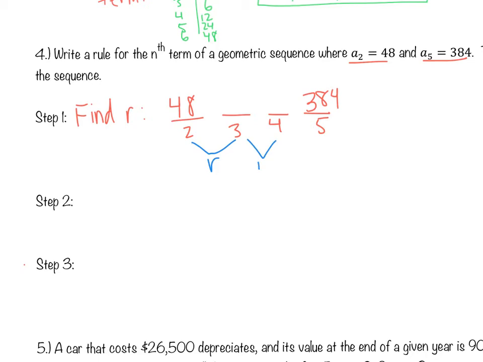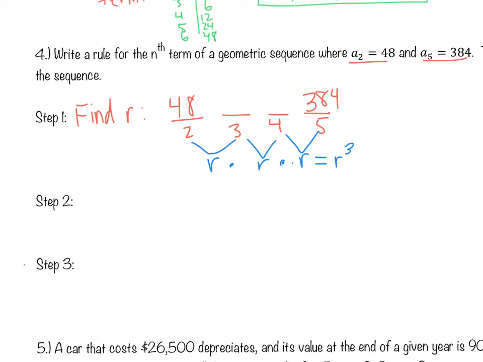Here to here is another common ratio of r, and here to here is another common ratio of r. So if we're doing times r and then times r and then times r, well, r times r times r is r to the third.